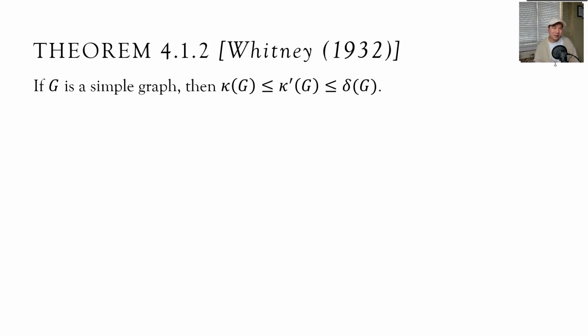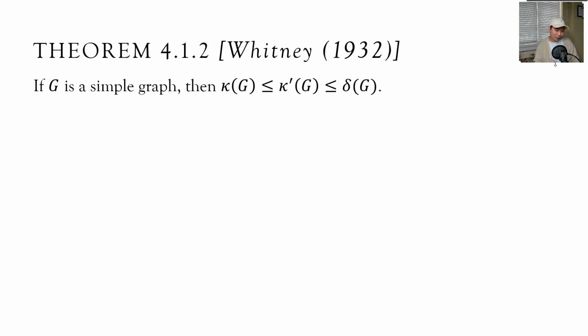So Whitney actually showed that if I have a simple graph G, then kappa is less than or equal to kappa prime, which is less than or equal to the minimum degree. So we have this here. So if I know the minimum degree, I can very quickly find an upper bound for kappa and kappa prime. Now, it may not be the best upper bound, but an upper bound is an upper bound. It gives us somewhere to start off with.